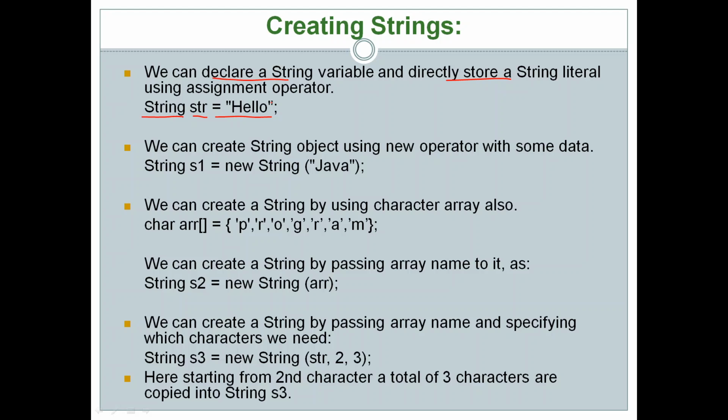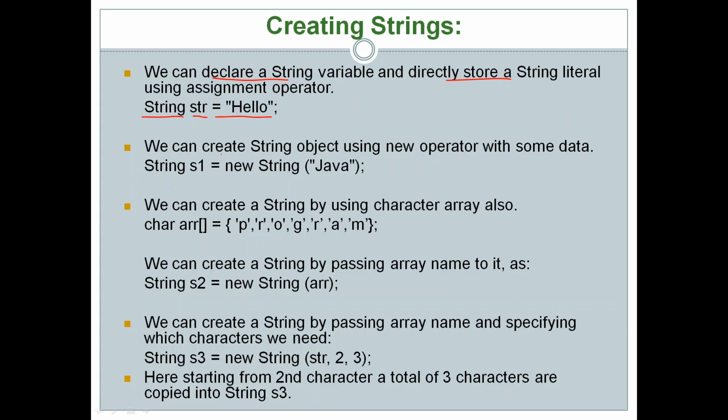If you are enclosing something in single quotes, that means it is a character, but if it is a string, then you have to always enclose it in double quotes. Here we are assigning the value hello to str. When a compiler detects such a statement, the compiler creates an object of type String str and stores hello into it.